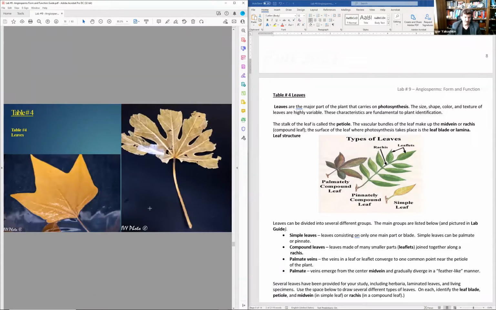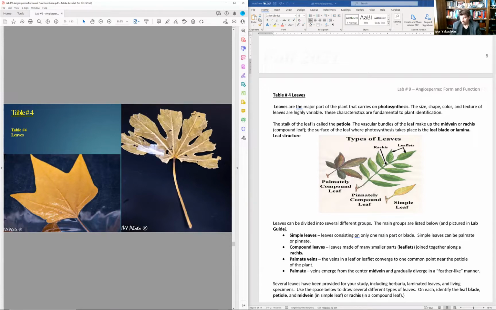Now, this guy right here, a quick question for you. First of all, we're definitely looking at the palmate venation, right? Everybody see it? It comes in and splits up into several major ones. So this guy, a big leaf, simple or compound? Look at this one and tell me what you think.